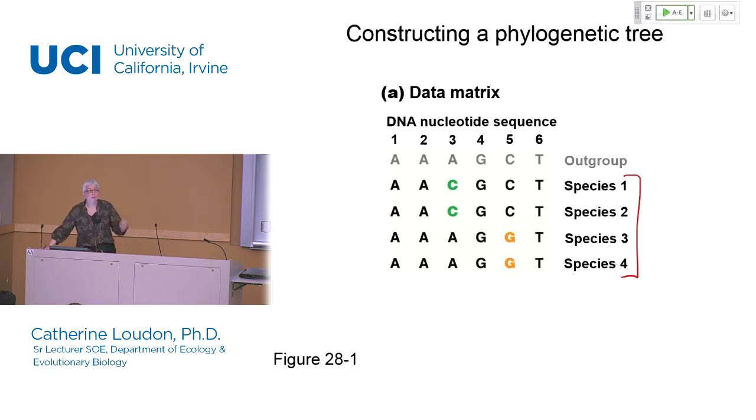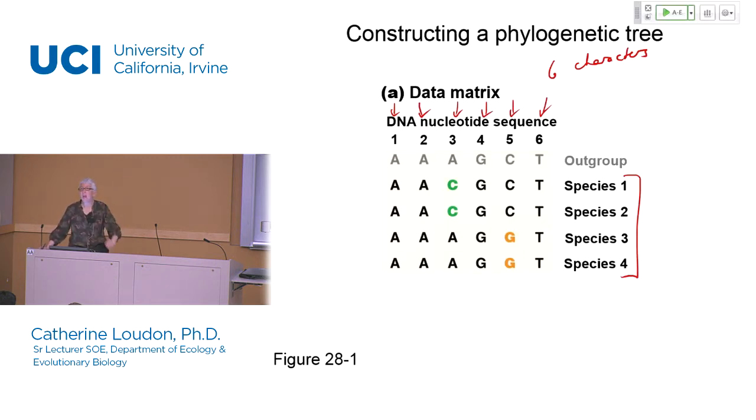In order to construct a phylogenetic tree, meaning a hypothesis about the relationship between these 4 species, we need to know something about these species. We need to use some characters. The characters in this particular example, which is from figure 28.1 in your textbook, are molecular characters. There are 6 characters in this example, meaning we're treating them each as independent of the others.